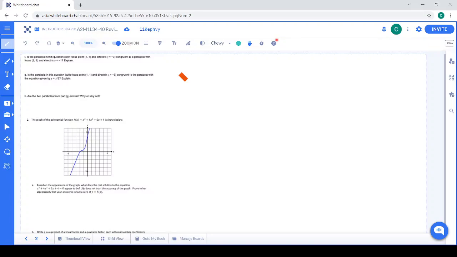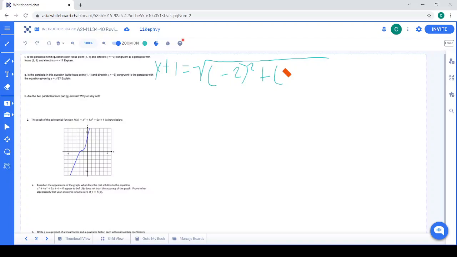So let's look at this. Let's define the distance formula for this problem. We're going to have y, and since it's -1, we're going to make it +1 equals the distance formula, square root of (x minus 2) squared plus (y minus 3) squared. I probably shouldn't be putting in zeros, should be putting x's and y's.